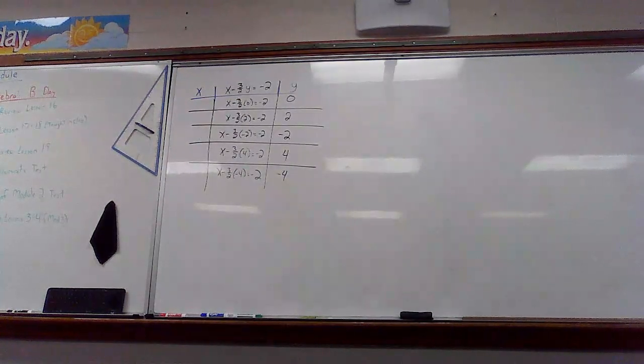Oh, wait, what? Hold on, it's -3 divided by 2 times 2. It's -3. Then you add it. Plus 3 is going to be -2. +3.